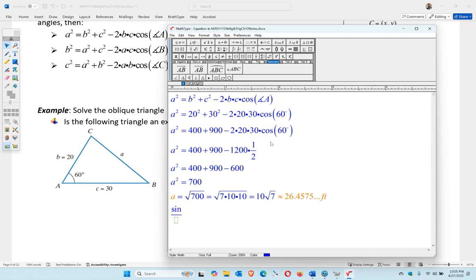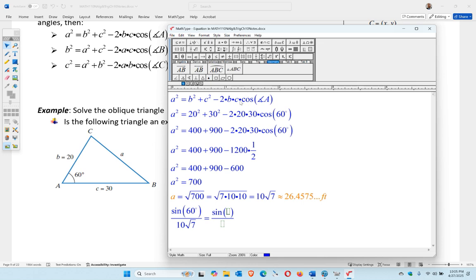So we have sine of 60 over the 10 root 7 equals the ratio. So for a sine, I'm going to pick one of the other ones.